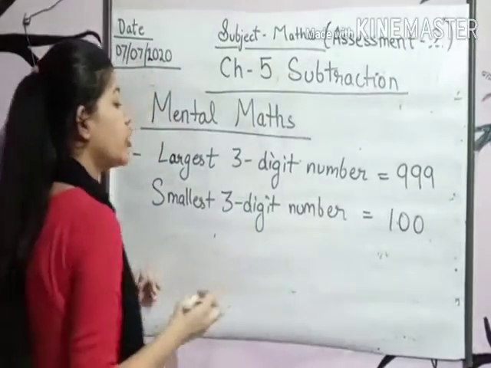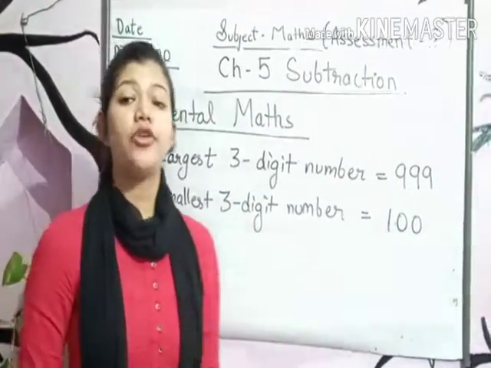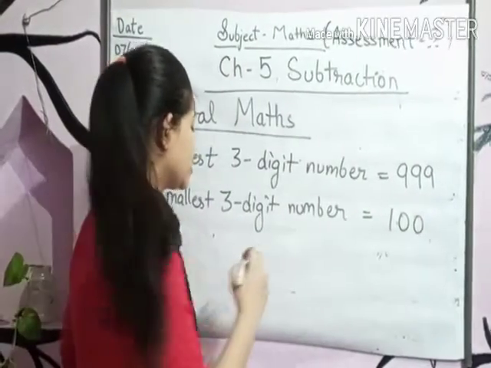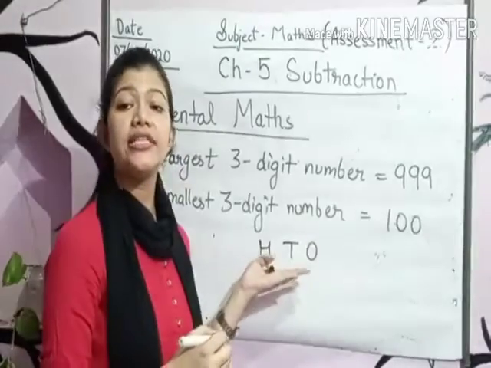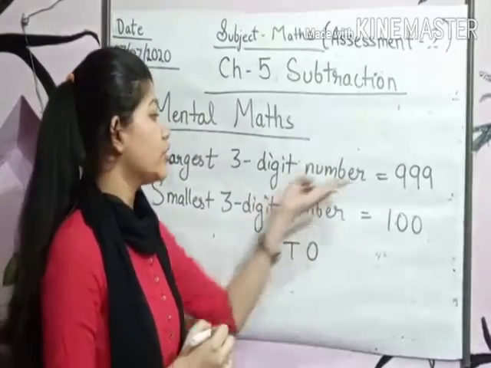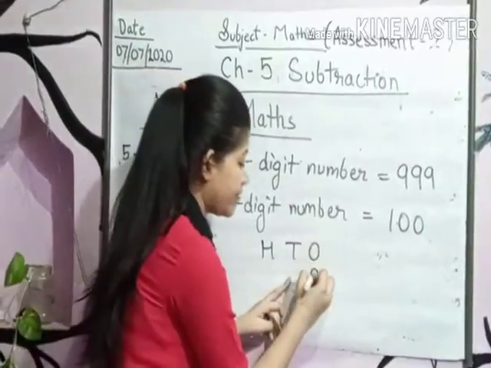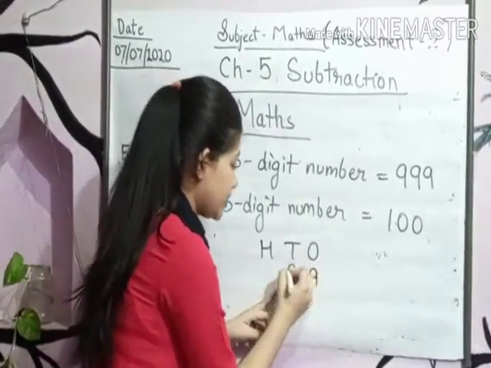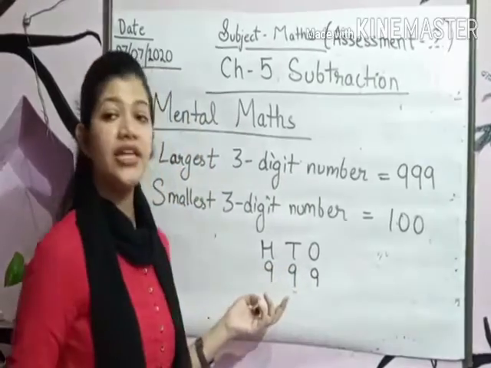Okay, now what you have to do, you have to find the difference, and it means we have to do subtraction. So let's arrange these numbers under the columns of hundreds, tens and ones. In the first number 999, the last 9 will be placed at the ones place, the next at the tens place, and the last 9 at the hundreds place.